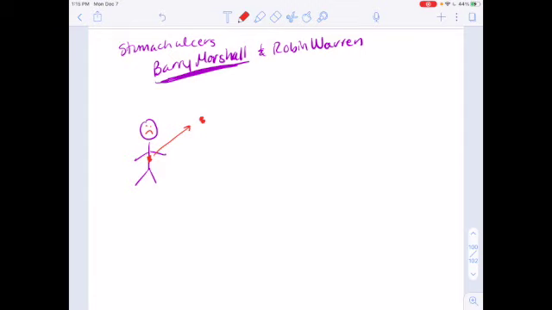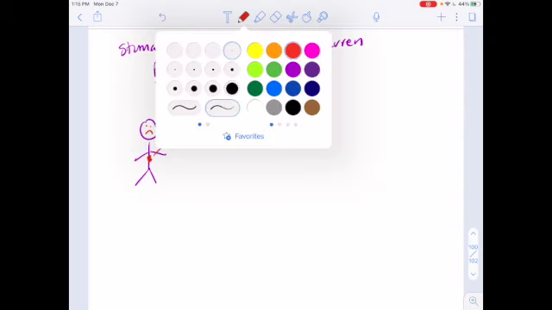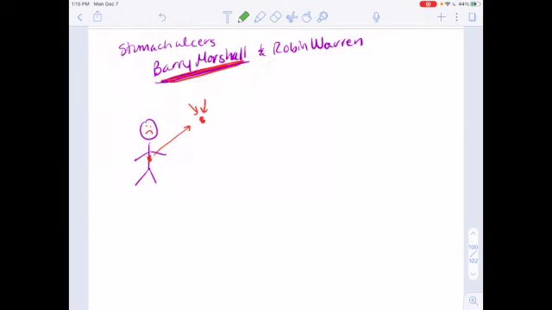Now, the third postulate is that this pathogen needs to cause disease in a healthy person, and whoa, you cannot do that. You are not going to get FDA approval for that. It's just not moral. So Barry Marshall decided, okay, I'm not going to get FDA approval for this at all, so I'm going to drink this myself.